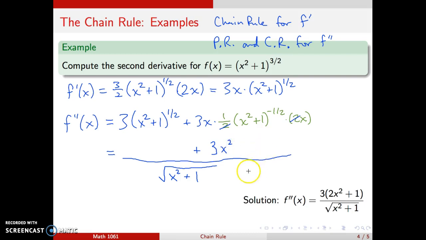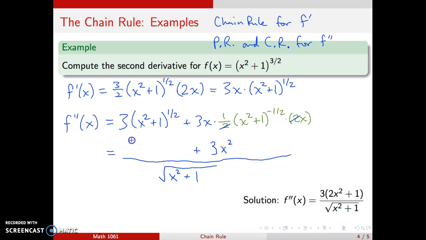I can't get my technology to work. So we've got the 3x times x, so 3x squared from there. Here, to get that common denominator of square root of x squared plus 1, I would multiply by x squared plus 1 over x squared plus 1, and that would give me the denominator that I want.